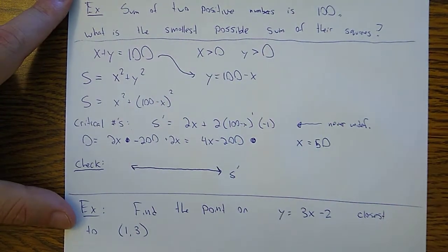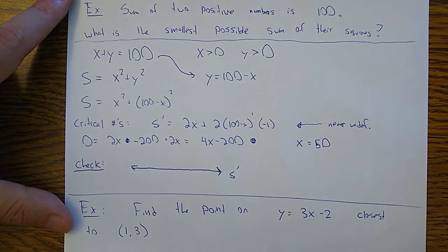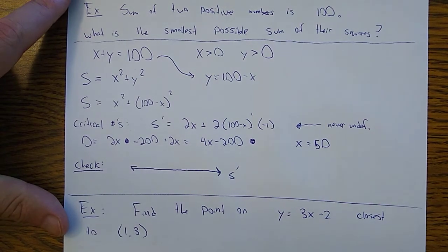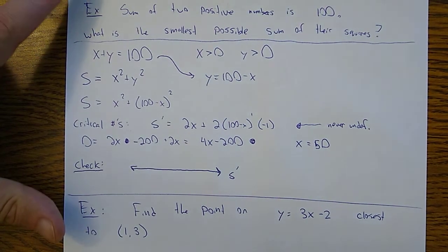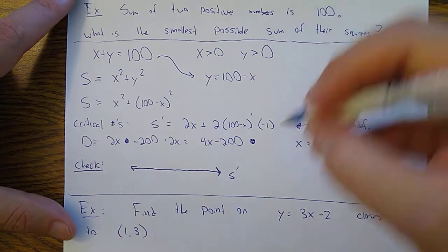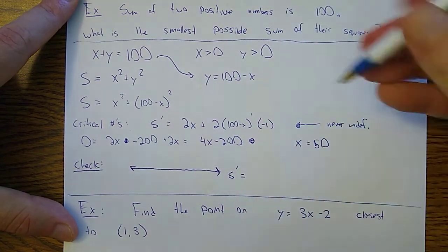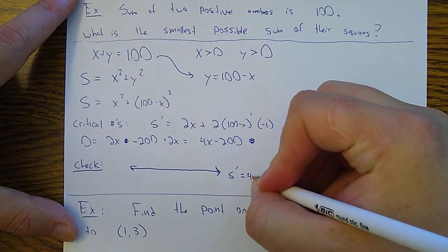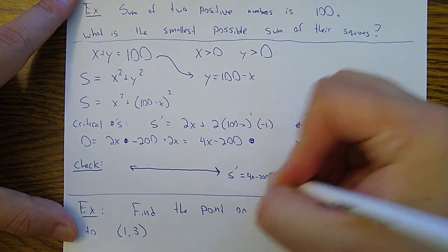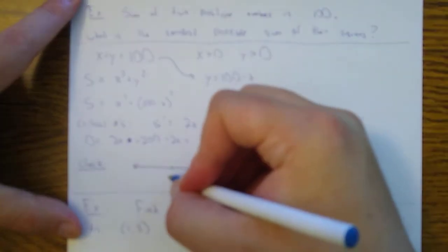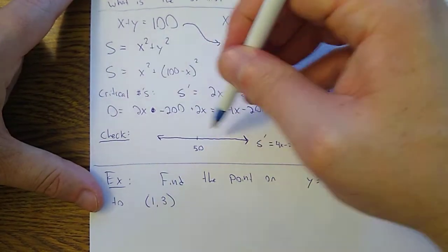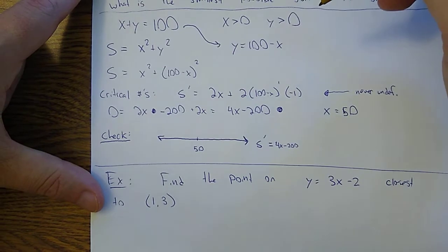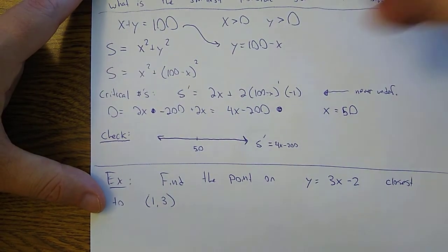I want to make one of these number lines with s prime. s prime, we took this and simplified it, was 4x minus 200. What I'm checking is that a minimum actually occurs at x equals 50.